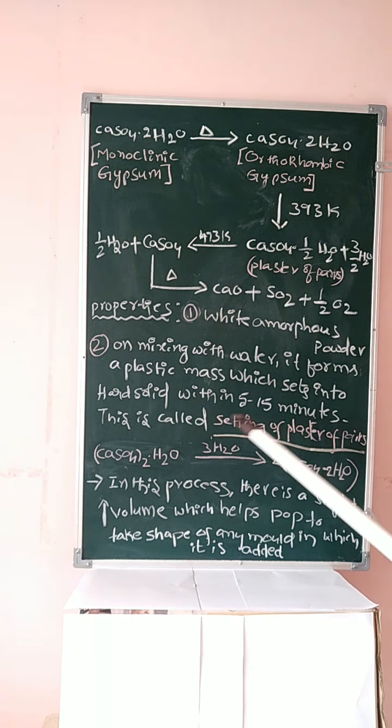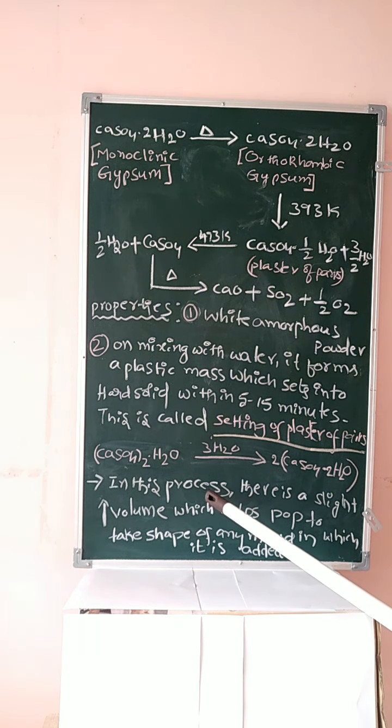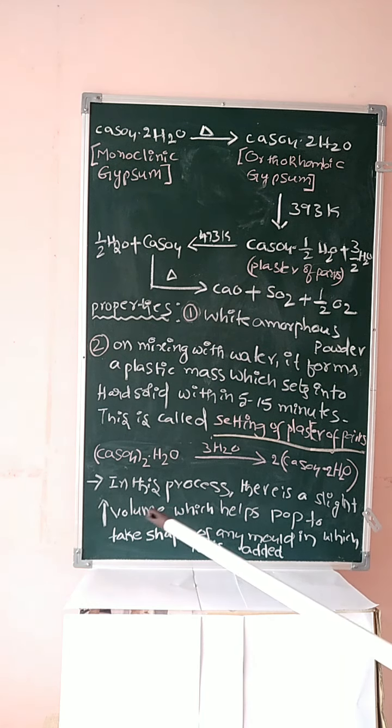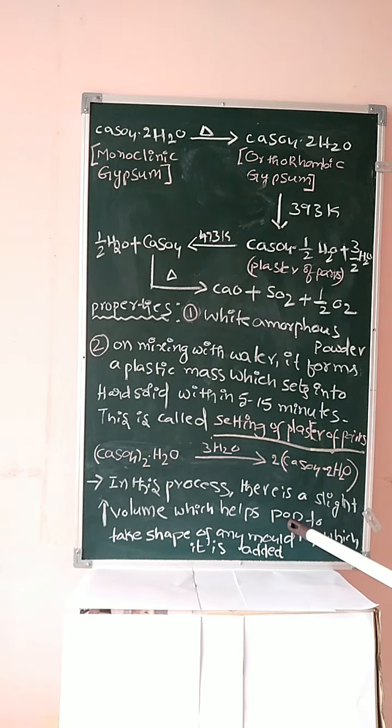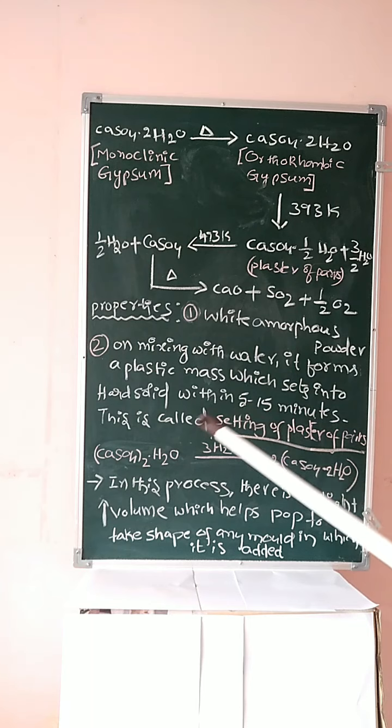During the setting of plaster of Paris, there is a slight increase in volume, which helps plaster of Paris to take the shape of any mold in which it is added. For example, student, during the conversion of plaster of Paris to gypsum, the volume increases because water is added.